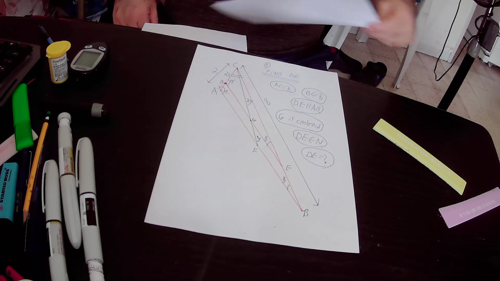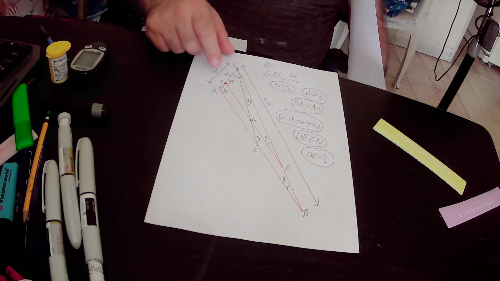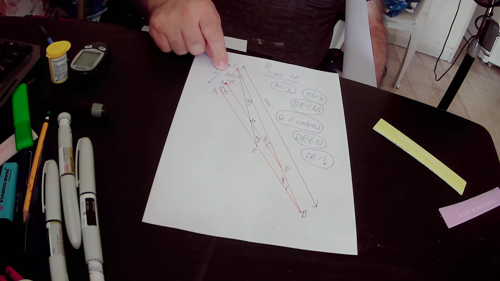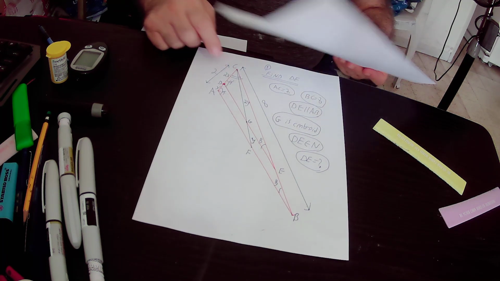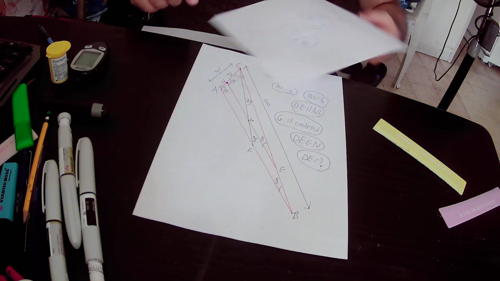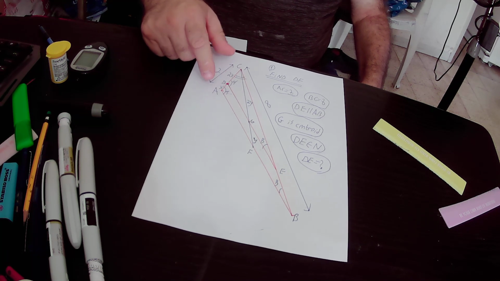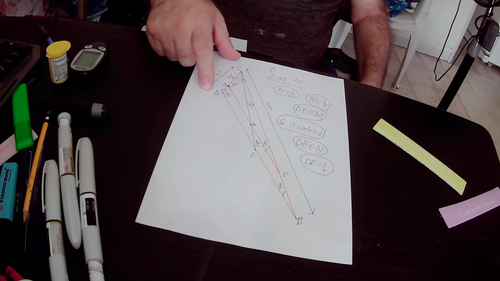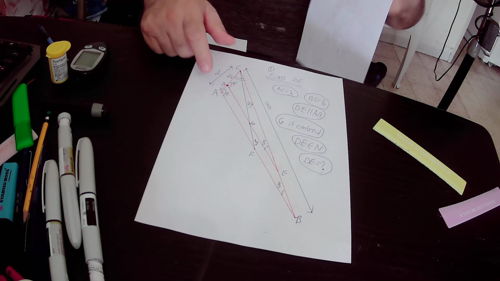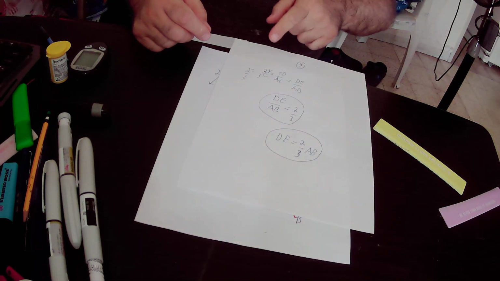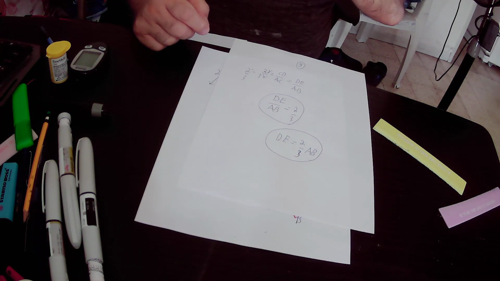But what is the value of CD? The value of CD is 2x. What is the value of AC? AC is CD plus AD, or 2x plus x. That is to say, AC equals 3x.